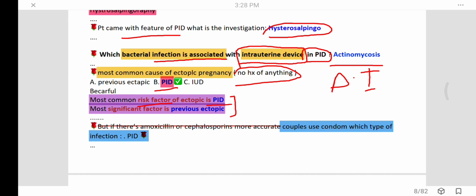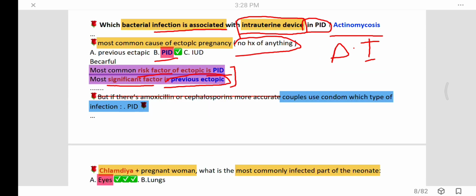But if they ask you about the most significant, then it is previous ectopic pregnancy, because if there is a previous ectopic pregnancy, then there could be another chance that there will be another ectopic pregnancy as well. Couple uses condom, which type of infection? I don't know what the question was, they didn't mention it clearly. So pelvic inflammatory disease is the answer here.